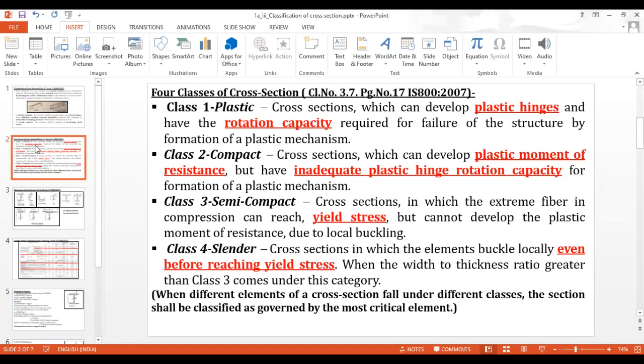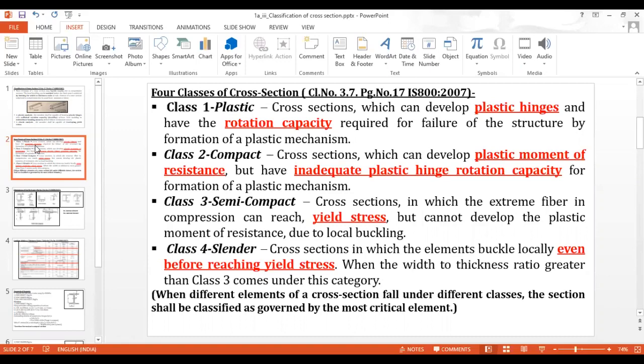Then the semi-compact section: the cross sections in which the extreme fiber in compression can reach yielding stress but cannot develop the plastic moment of resistance due to local buckling. The last section is the slender section, the cross section in which the element buckles locally even before reaching the yielding stress, when the width to thickness ratio is greater than class 3.